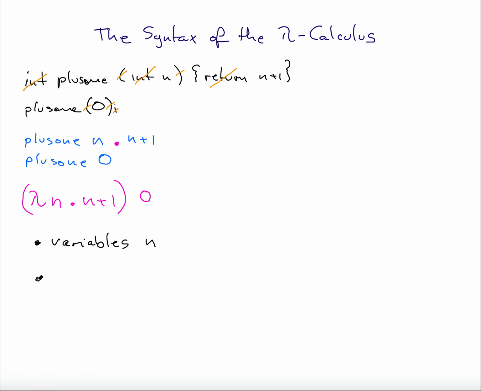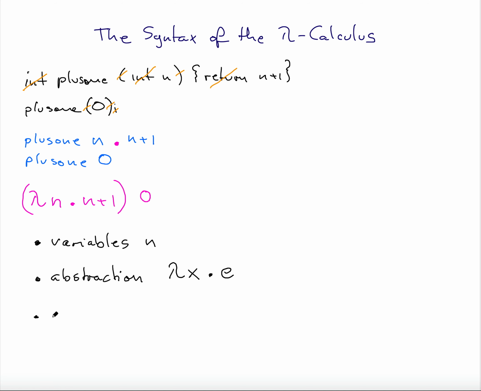Then we have what's called abstraction. We can make functions, so this is called abstraction. And we recognize abstraction always has a lambda, and then we have a variable name, and then we have a full stop, and then we have another expression. So let me write the variable as x, and then let me write e for expression.